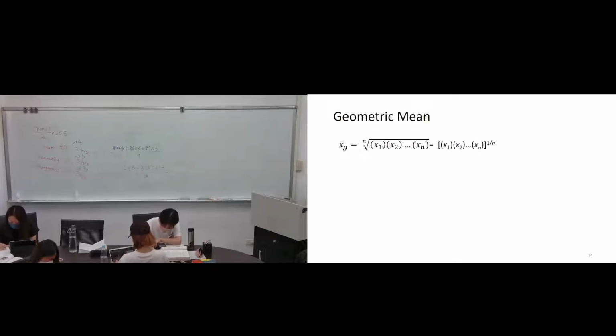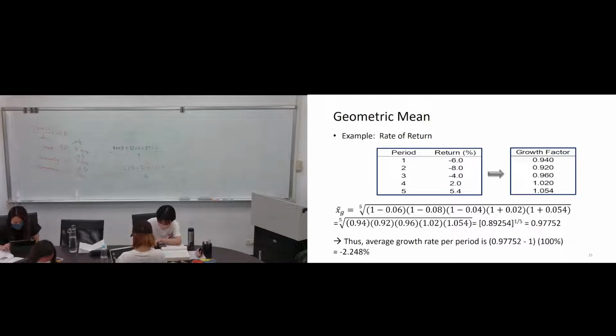So we should find the rate of return every year, multiply them together, and then take the nth root. And after that, we deduct 1 from the average growth factor, and then multiply it by 100%. And what do we call it?